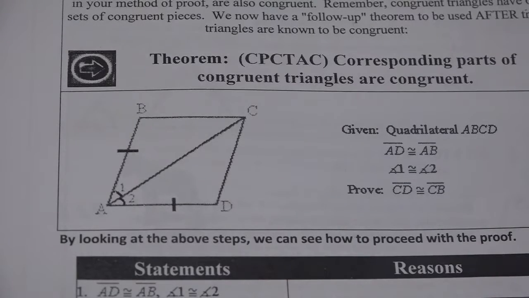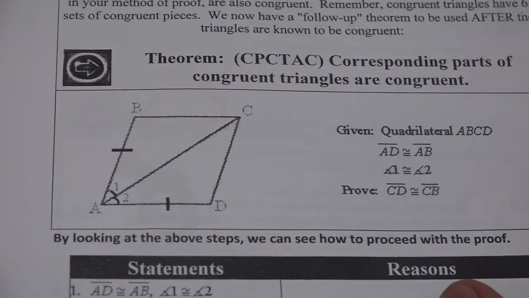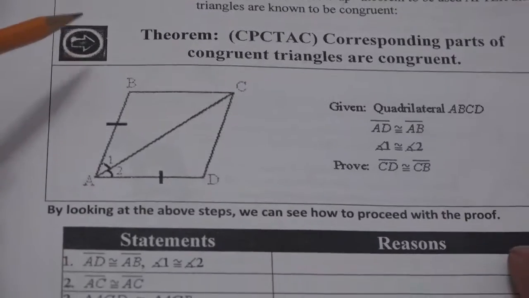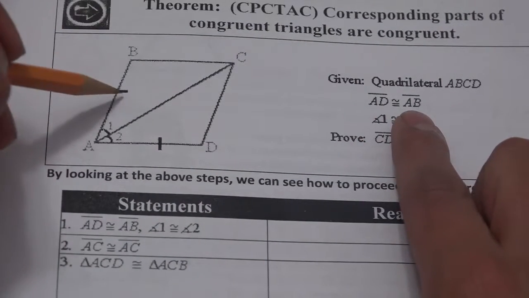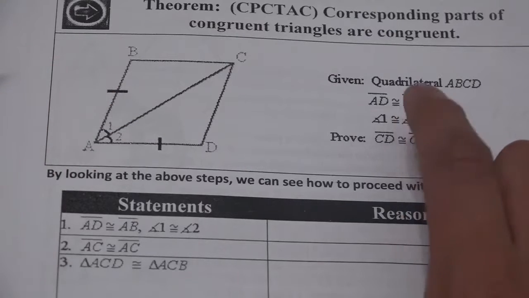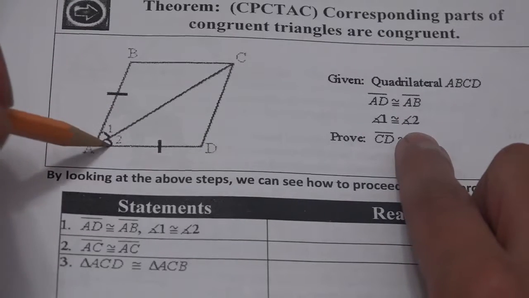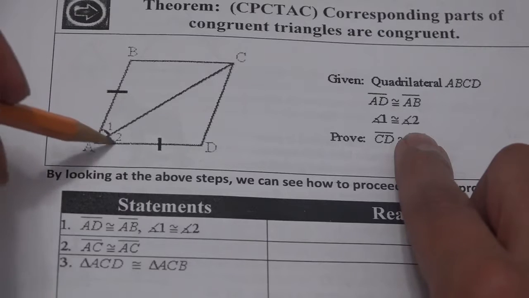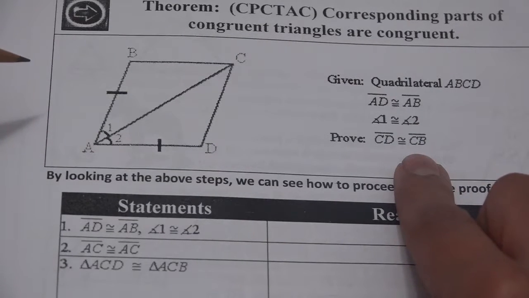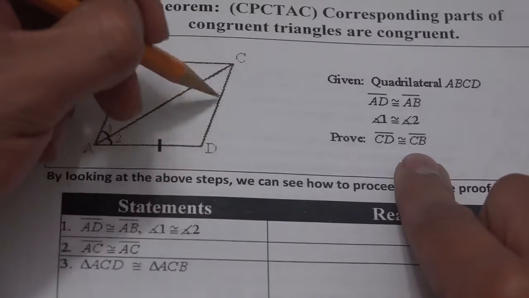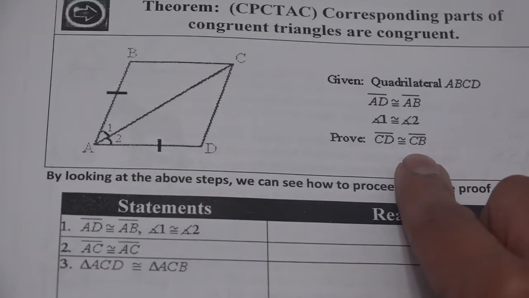For example, they're telling me that AD is congruent to AB, then that angle 1 is congruent to angle 2. Now they want me to prove that CD is congruent to CB. How in the world am I going to prove that?